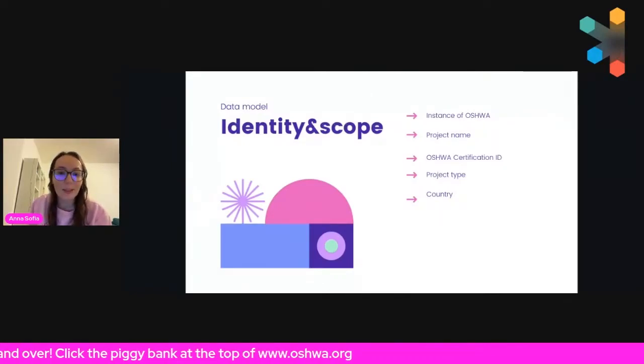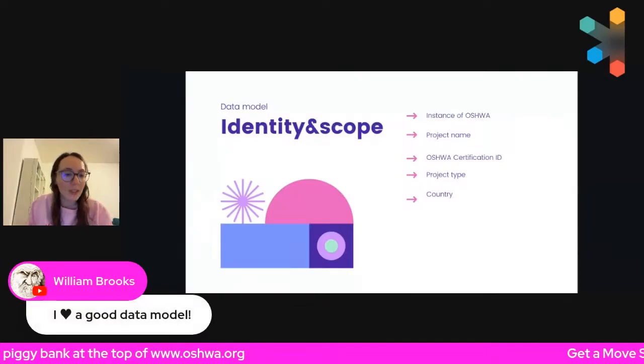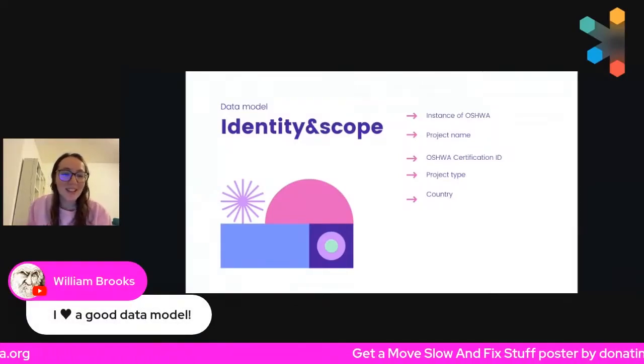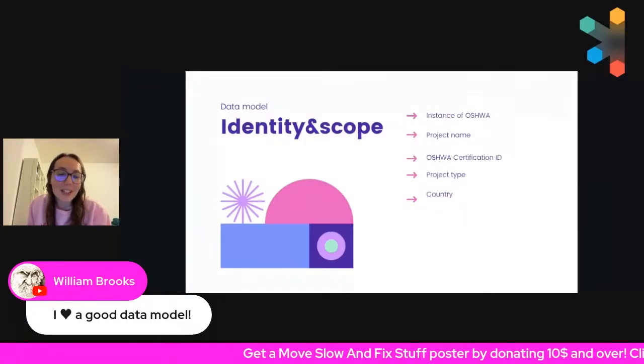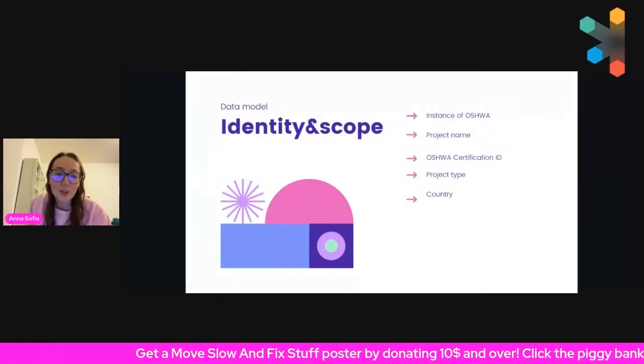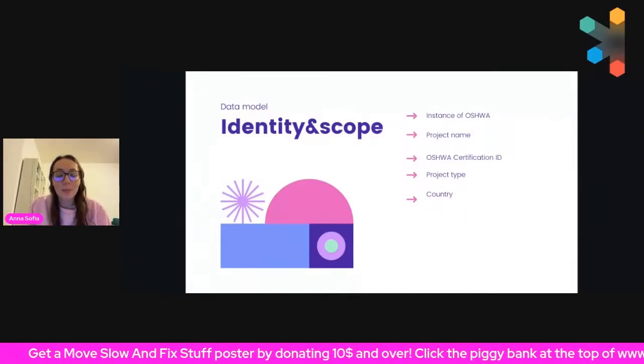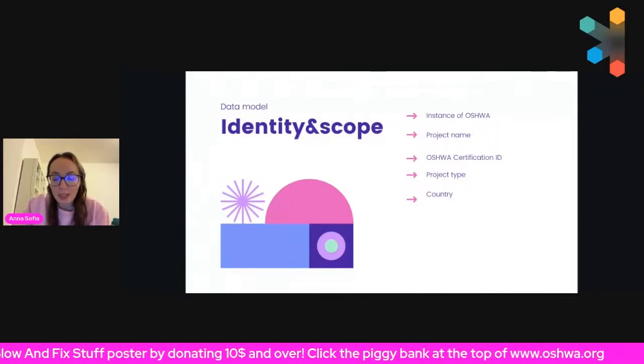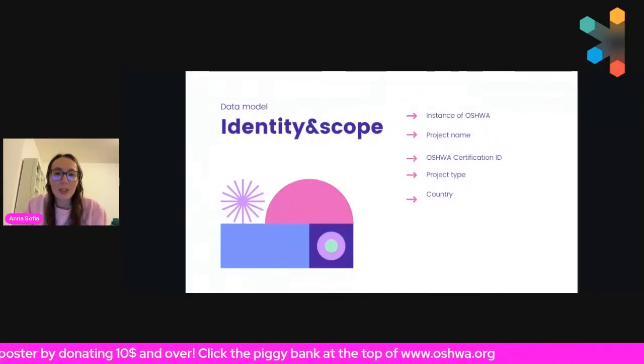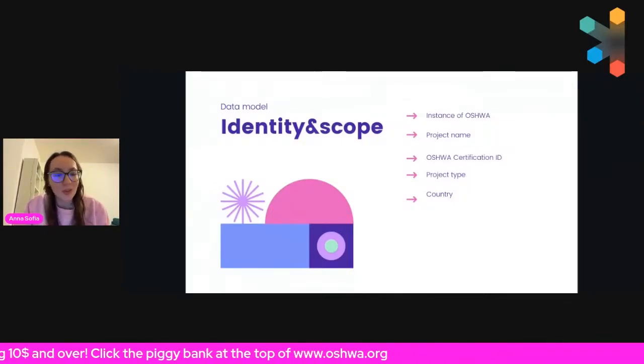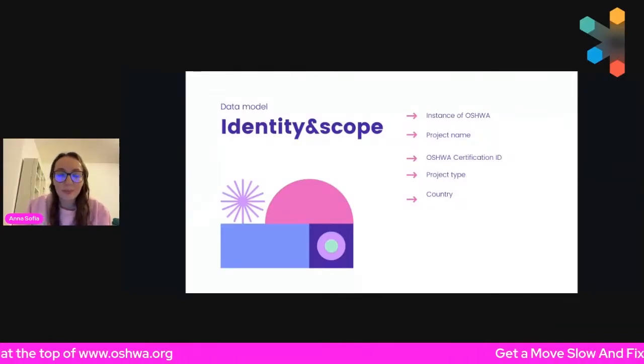We added that one so that everything could be queried. So we have also the project type. It's important to divide projects by domains, especially because there are so many now. So it's very interesting, and also the country of origin.